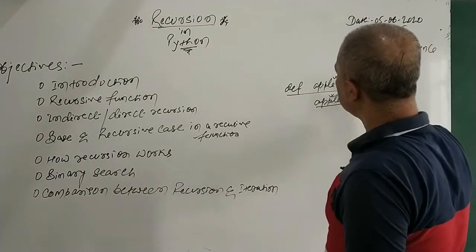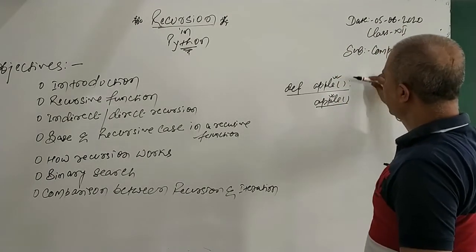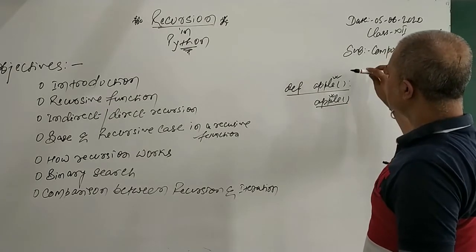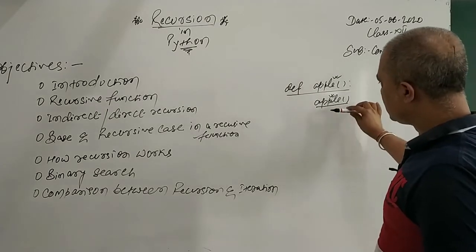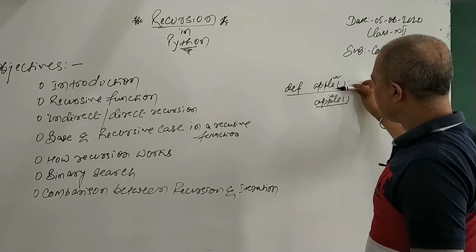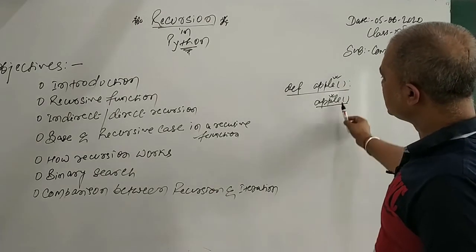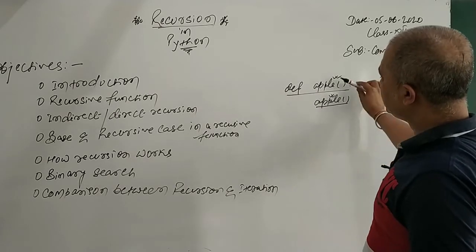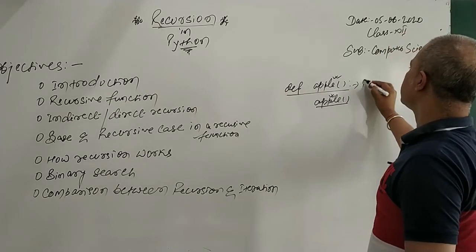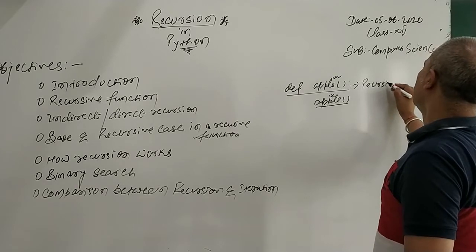This is what a recursive function is. A function is said to be recursive if it calls the same function within its body. Here apple is calling apple itself.